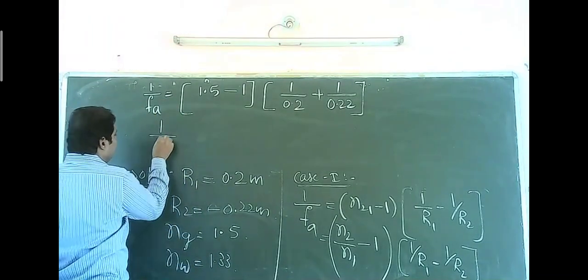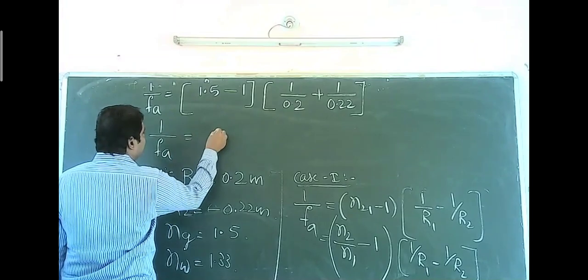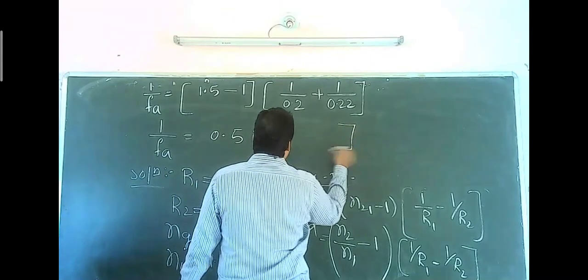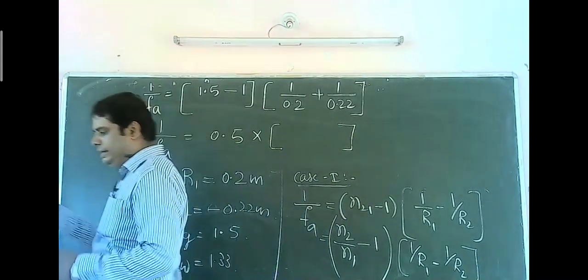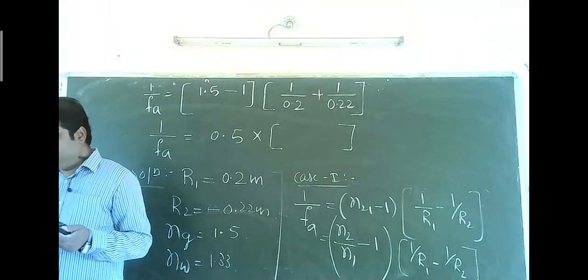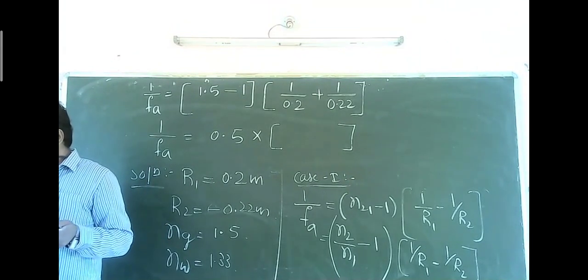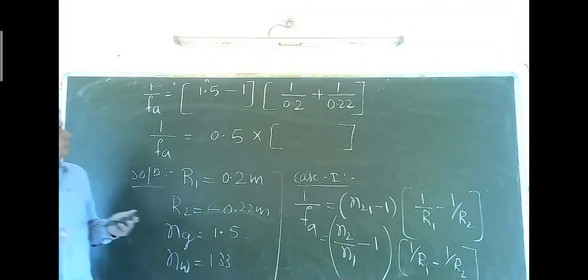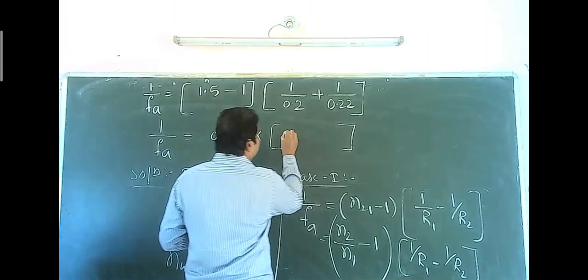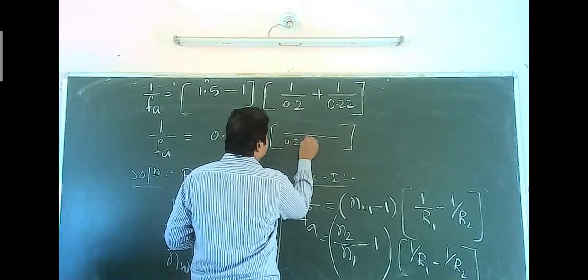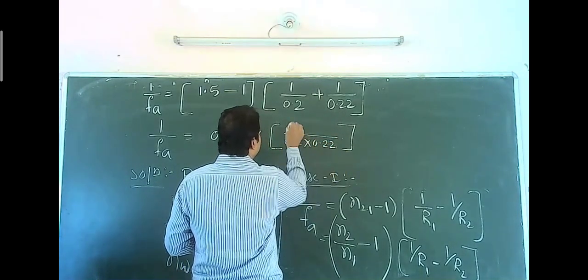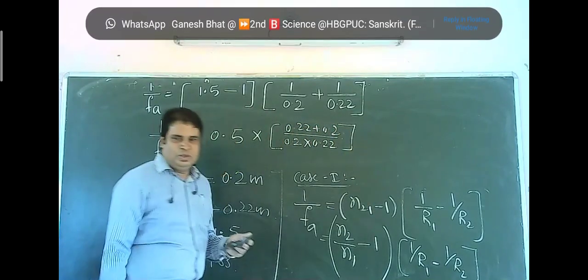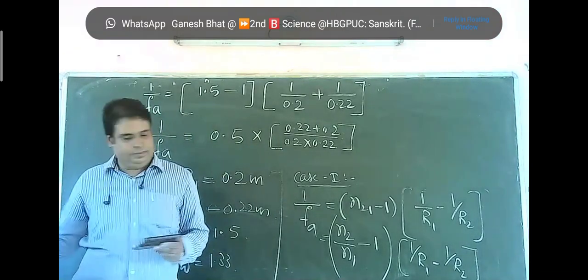Correct. 1 divided by f is equal to 0.5 times, let me write the direct answer using the calculator. For the LCM, 0.2 into 0.22, here 0.22 plus 0.2. Hope you understood.